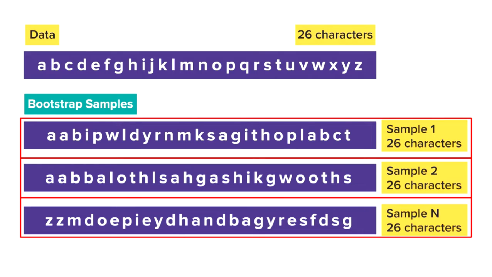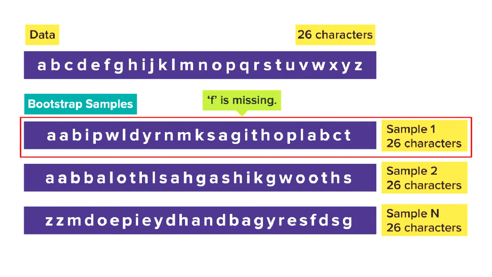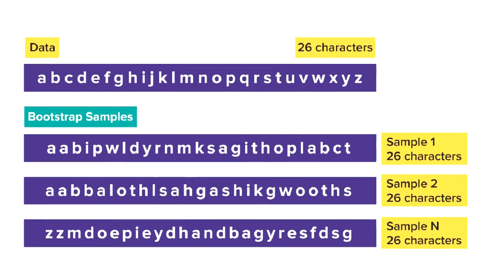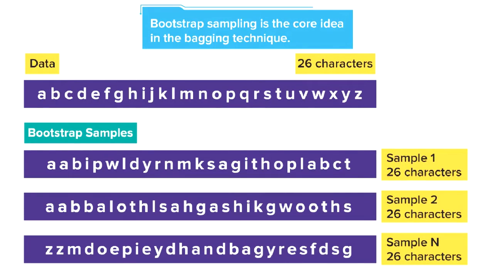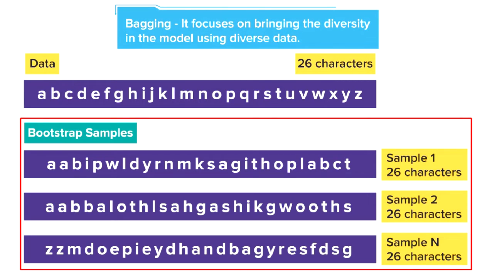This fulfills the requirement of models having diverse data and the significant size of the data. Note that in any sample, some of the observations could be repeating and some of the observations are entirely missing. Bootstrap sampling is the core idea in the bagging technique. Bagging primarily focuses on bringing the diversity in the model using diverse data.